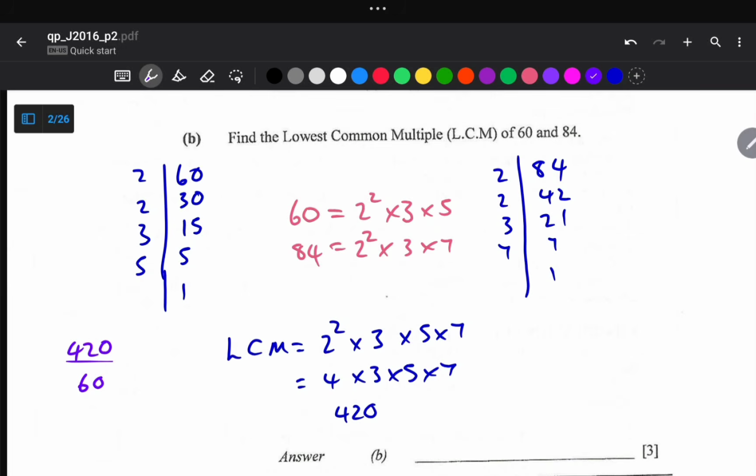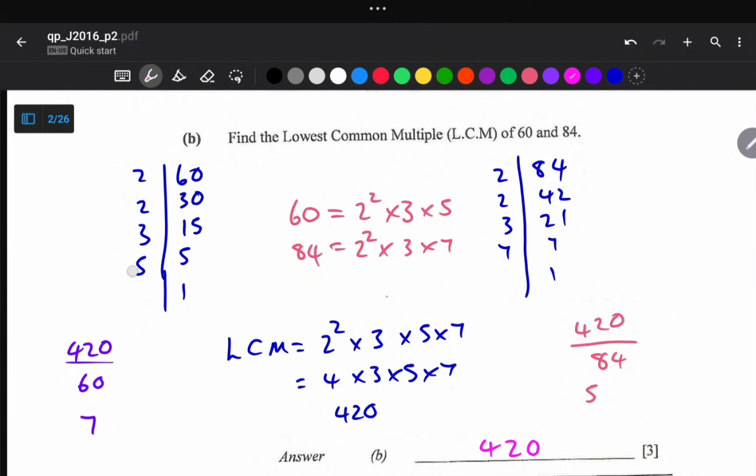This gives us 7, okay? And then 420 divided by 84 gives us 5. So 420 is our lowest common multiple for 60 and 84. So our final answer is 420, okay?